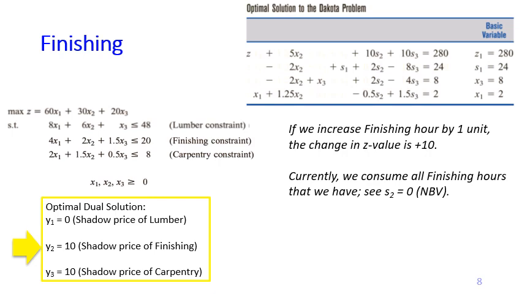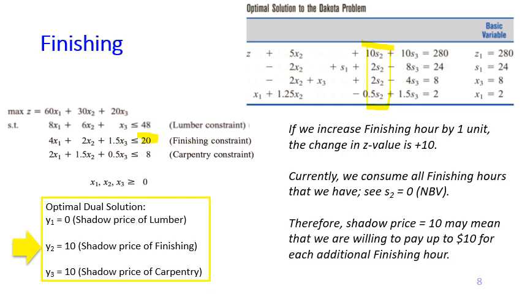We have 20 finishing hours and we consume all of them. You may see this from the fact that S2 is a non-basic variable, which means that S2 equals 0. In other words, we consume all these 20 finishing hours.